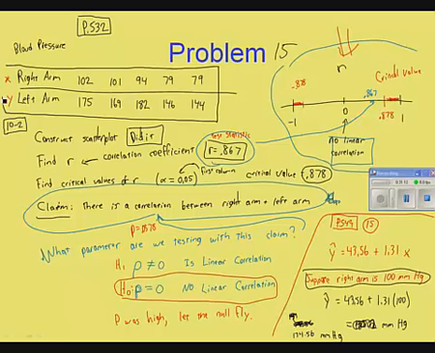For the original chart, the way I did it was I put the right arm in list 1, and I put the left arm in list 2. And so I made these X's and I made those Y's when I plotted it. So it really comes down to how you plot it. If you plot it the other way, you'll get a different equation, but you could still come up with the right answer to the problem.